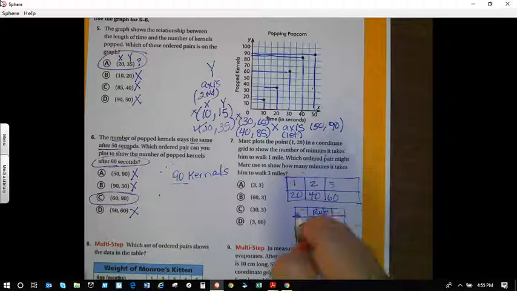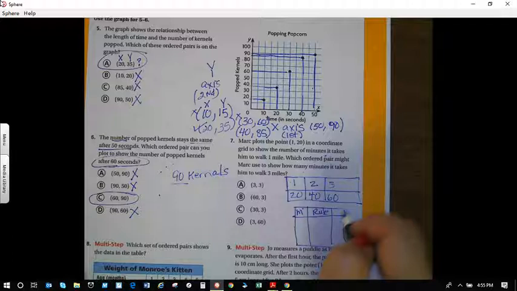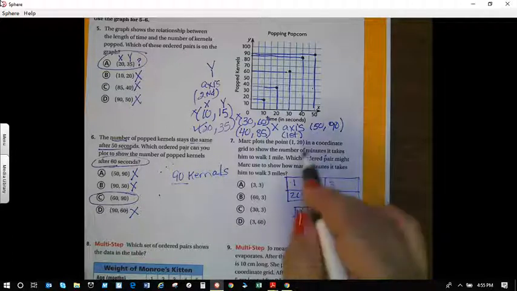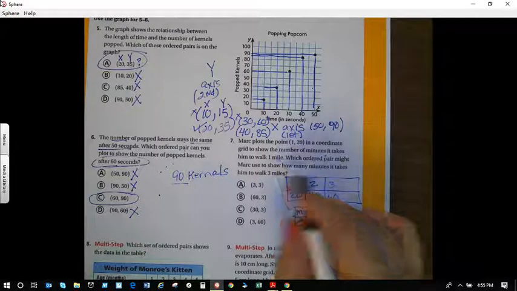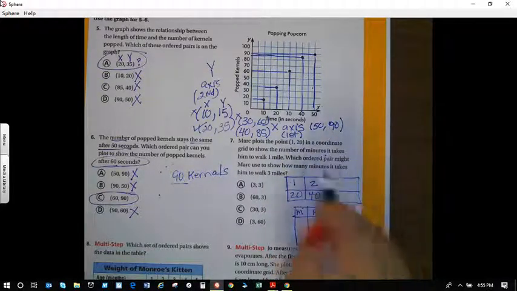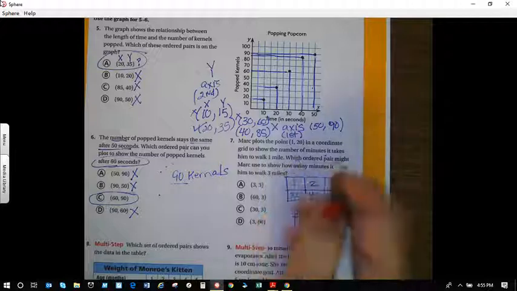So this is going to be miles, and then this will be number of minutes. This is minutes.